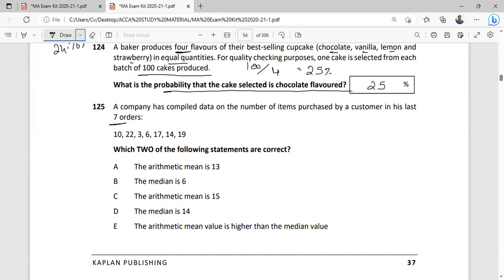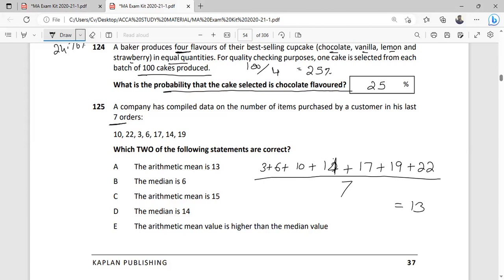We can add 3 plus 6 plus 10 plus 14 plus 17 plus 19 plus 22 and divide by 7. So what would be the answer? Answer is 13. So this statement is correct.